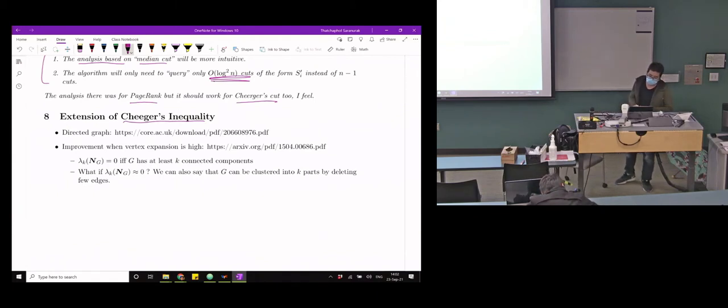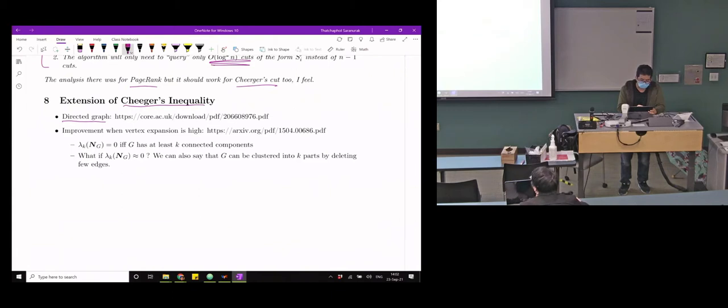Here we described the version for undirected graphs and for conductance and small conductance cuts. There is some work on directed graphs too. Cheeger inequalities say that if lambda 2 is big, then the graph is an expander. If lambda 2 is small, then there exists a sparse cut. What can we say about lambda k?